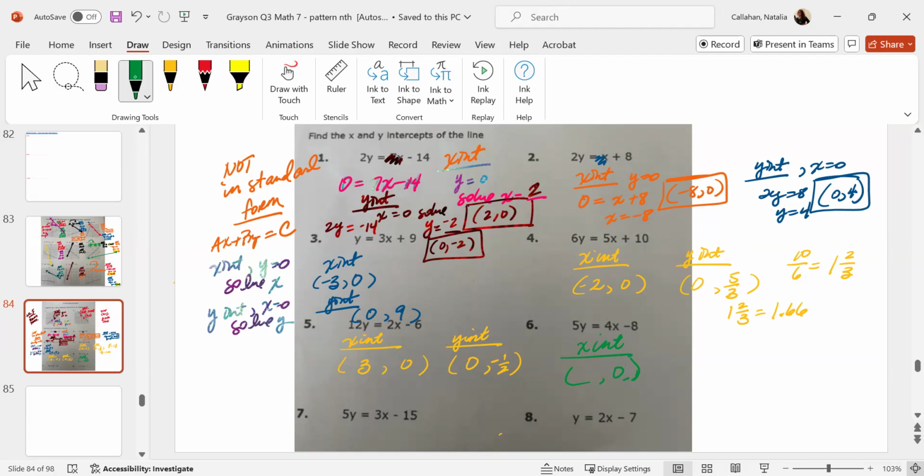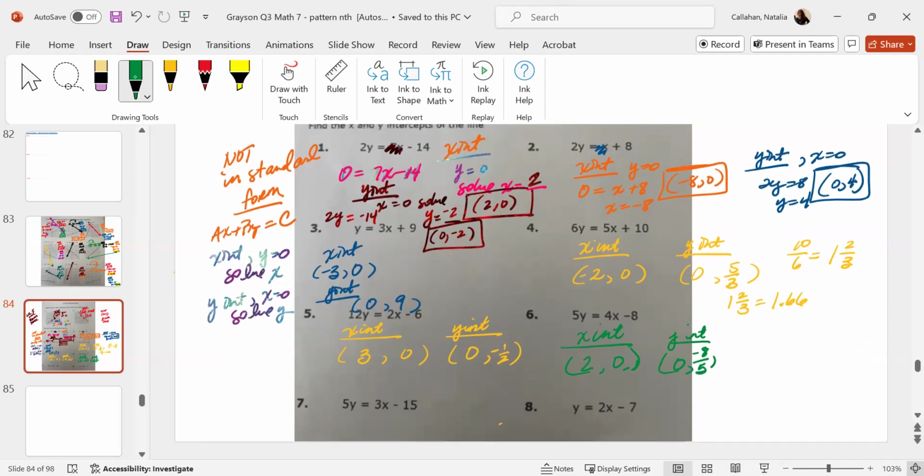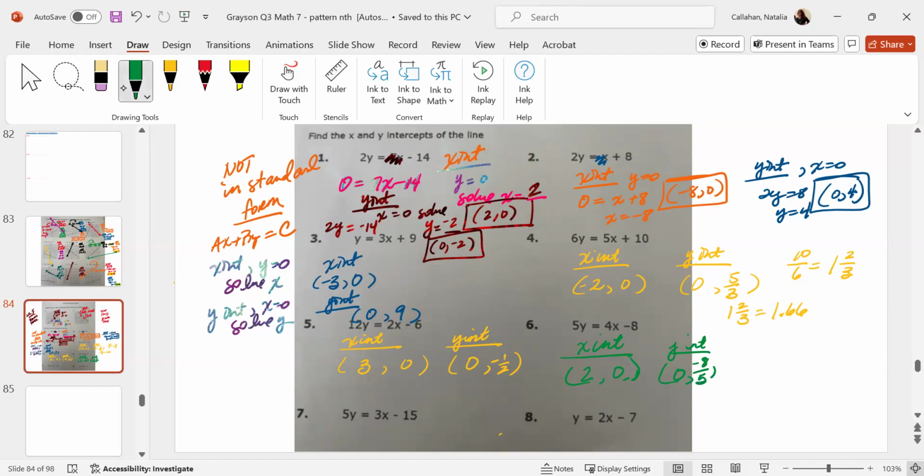For the x-intercept, it's 2 and 0. Okay, that's what I asked you. Start with the x-intercept. What's the y-intercept? X is 0, so it is negative 8 over 5. Not 5/8, 8 over 5, because you're dividing by 5. How are you getting this wrong?